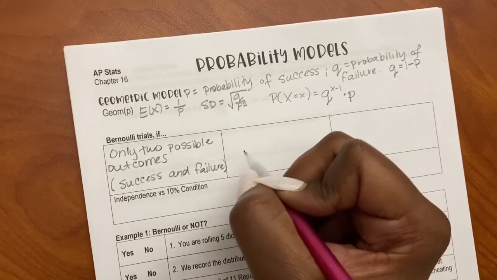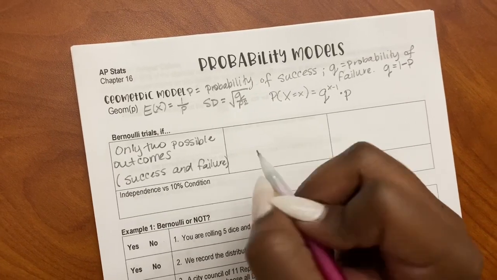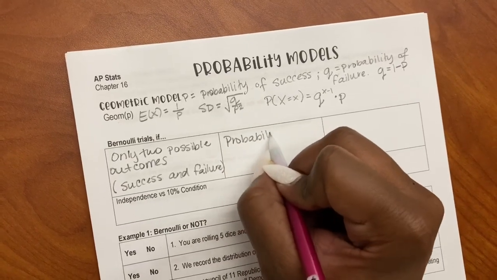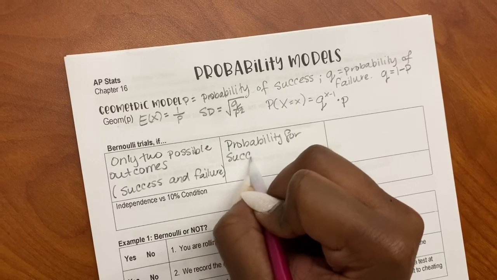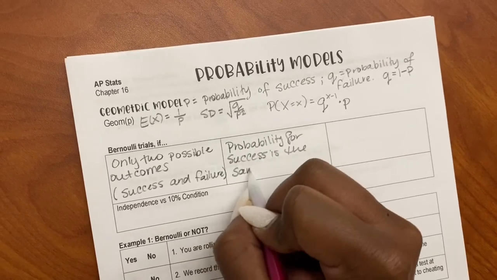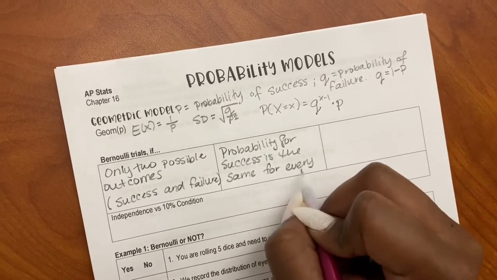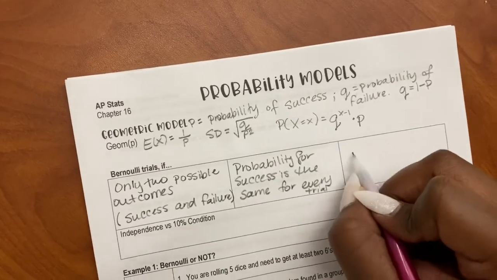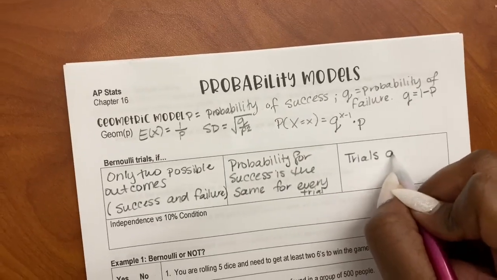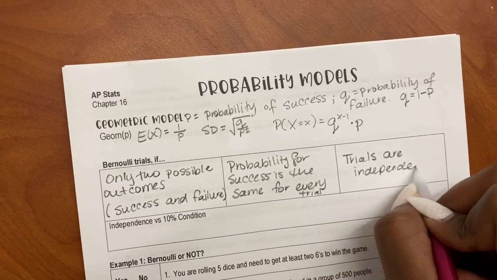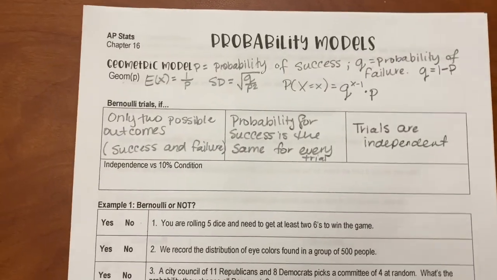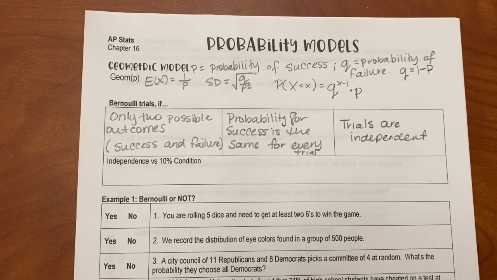Then we want to make sure that the probability of success is the same for every trial. And finally, we want to make sure that the trials are independent. Okay, so that's our three criteria that we want to check.